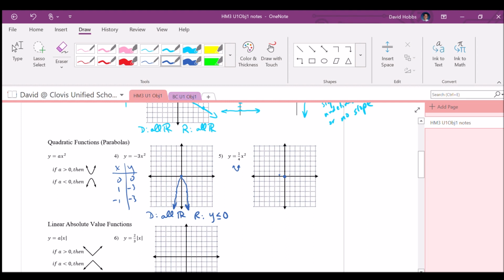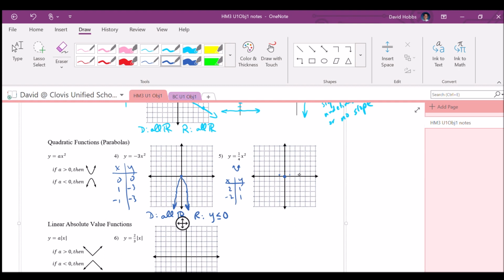Okay, to get more precise, you just got to be kind of careful about what points you actually plug in. So for example, if I plug in a 2, I can see that 2 squared is 4 and 1/4 times 4, so 2, 1 and negative 2, 1.